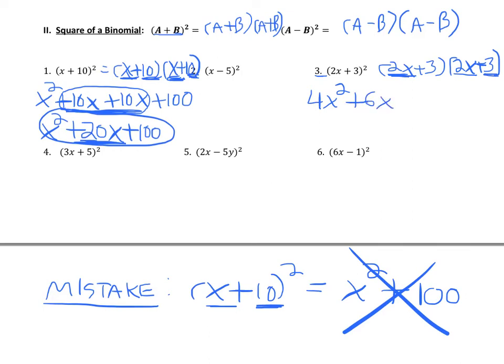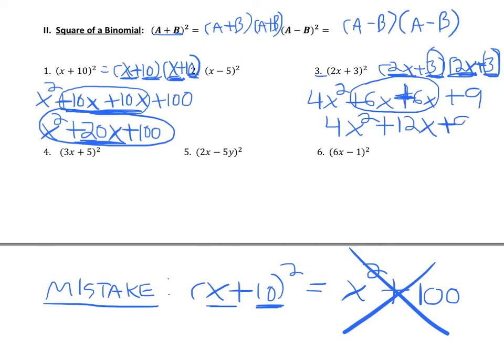And the inner terms, 3 times this 2x, is the same thing, 6x. Again, you see the inner and outer terms are the same when you have a square of a binomial. Then we multiply the last terms, positive 3 times positive 3 gives us 9. Combining this, the 6x doubles to 12x, so we get 4x squared plus 12x plus 9.